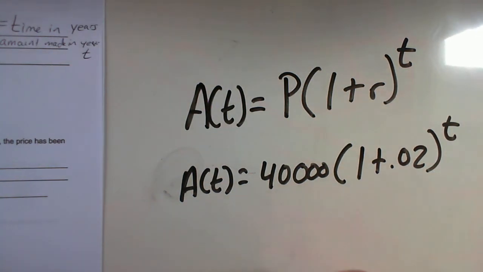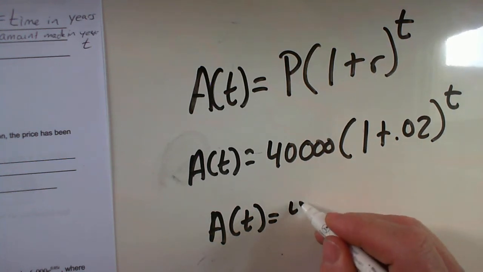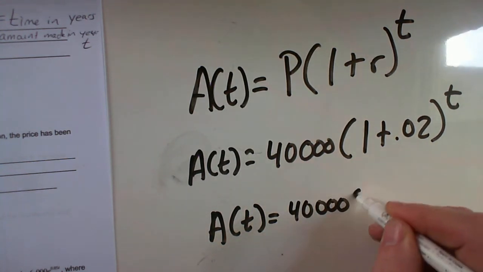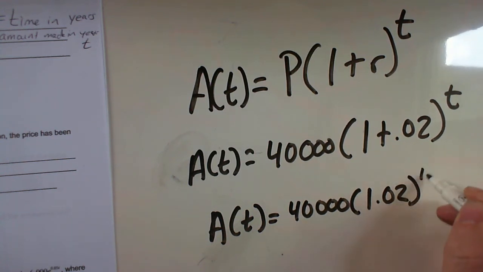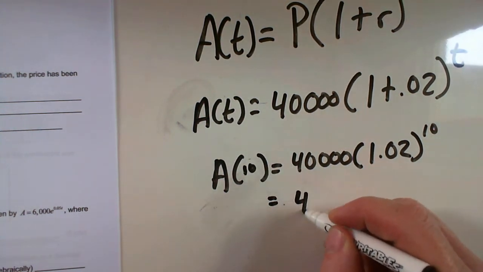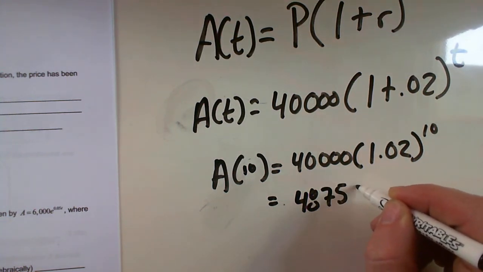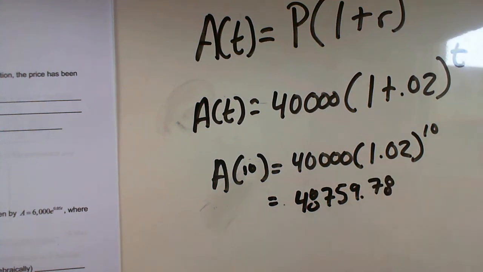We just plug the 10 in, so A of t is 40,000 times 1.02 to the 10th power. I plug that into my handy dandy calculator, and I see that A of 10 is going to be 48,759.78.